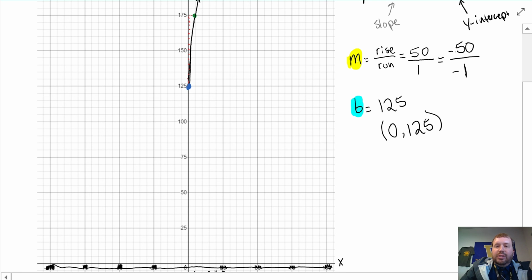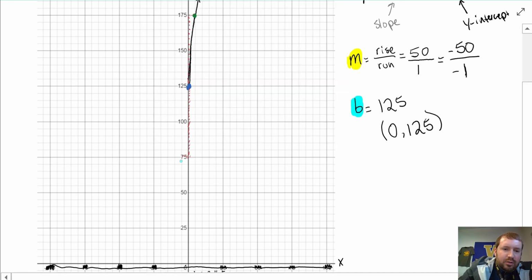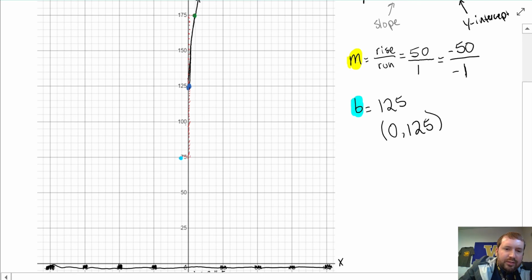So we can go down 50 by rising negative 50, which will bring us to 75 on the y, and then we can go negative 1 space on the x, which will bring us to our new point, and I'll do this in a different color, our light blue point right there. So that's how you can go the opposite direction.